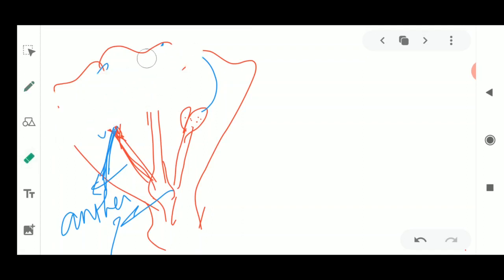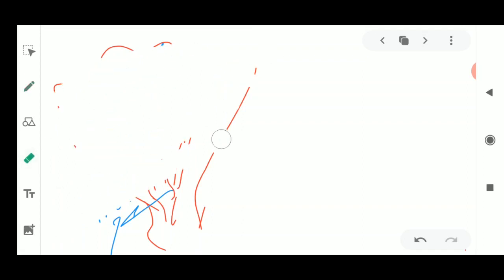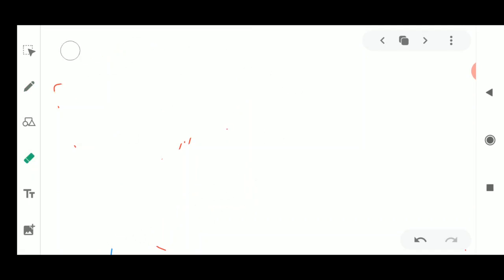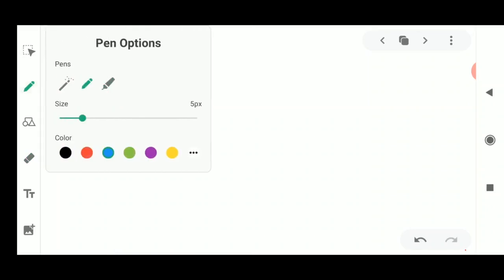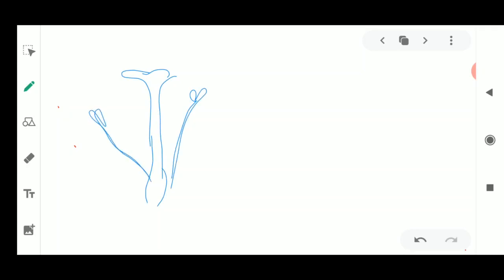Now what happens if the flowers are two in number? If I draw a flower like this, I know it is not drawn very clearly, but still you could understand.